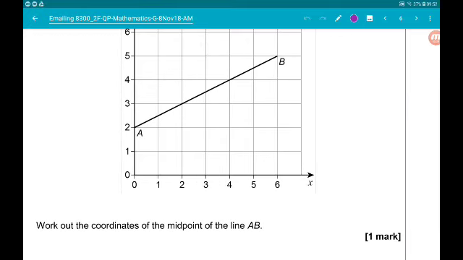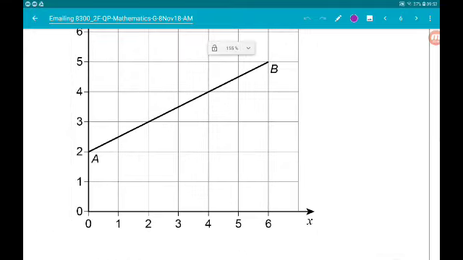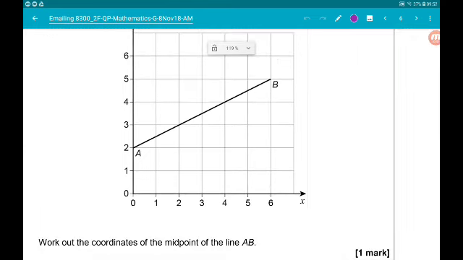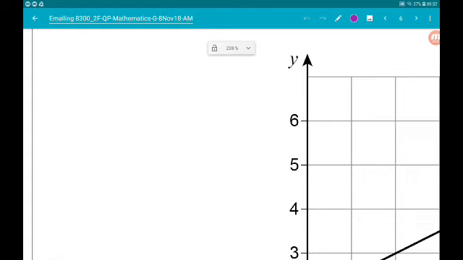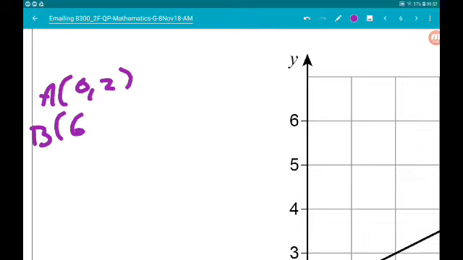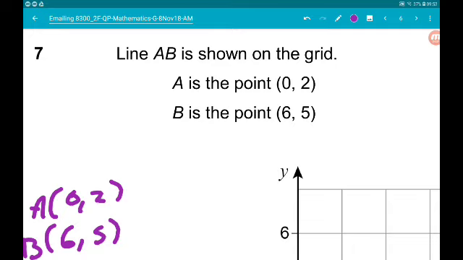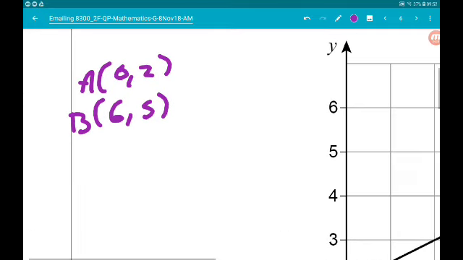Okay, so I've got a video on this in my equations of straight line playlist down below. So, midpoint, we could do it just using the grid, but you're not always given a grid. A is 0, 2, B is 6, 5. Check that. Yep.